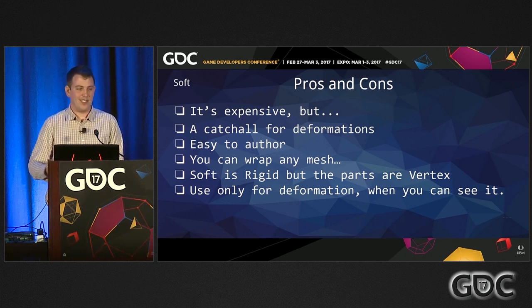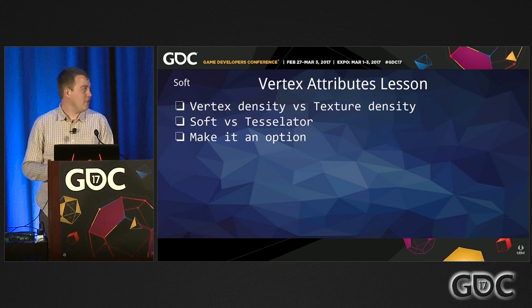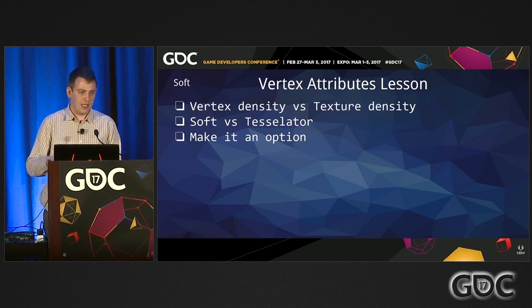It's also really nice because you don't actually have to worry about the geometry at runtime, so it becomes extremely cheap. The one thing we did learn, though, is vertex density. Even though we could put 82,000 transforms in there, it was kind of silly. The texture density for UV space is always going to be a little bit bigger. So even though we could put color in there, it didn't actually express itself as best as it could.